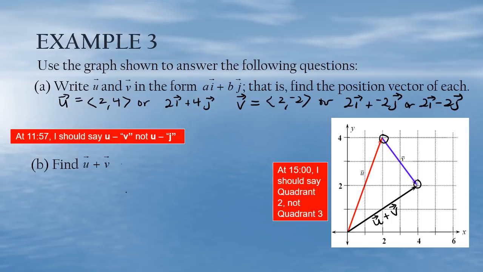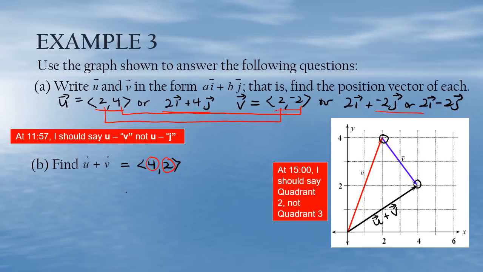So the sum is going to be whatever I count as from the initial point to the terminal point. So I'm going 4 to the right and I'm going 2 up. Now I had the picture, so it was easy again for me to do that, but also note that I could have just from what I represented on part A, (2, 4) and (2, -2), if I took 2 plus 2, that would have given me 4, and if I took 4 plus negative 2, that would get me 2.